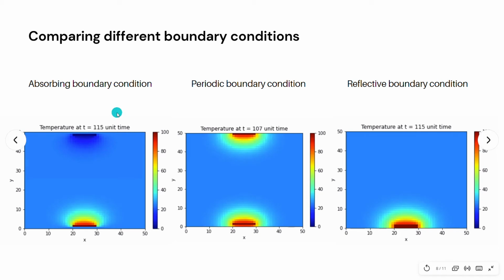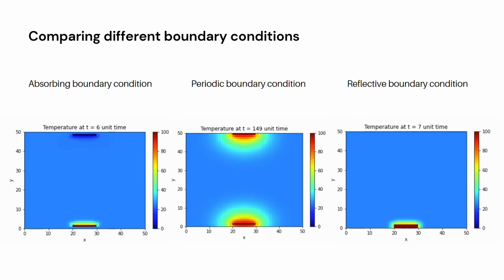In the absorbing boundary condition, the atmospheric temperature is not affected by the temperature of the block. Let's say the block is kept in the open for some time, say in open air. So here the temperature of the atmosphere will not be affected, whatever be the temperature of the block.